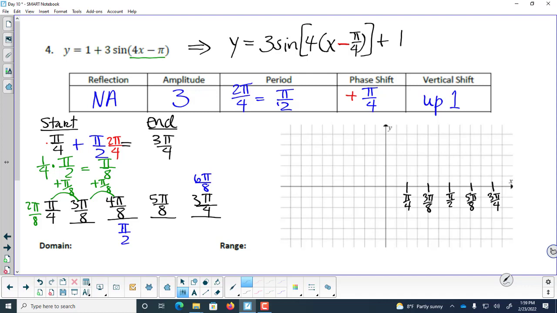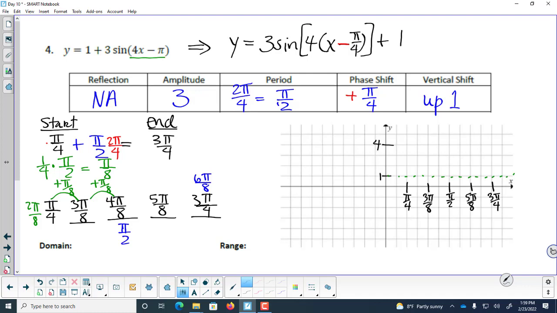All right, let's label the y-axis. Up 1, that's my new midline. So, let's see. What's our amplitude? 3? Oh, I can't do 2 then. Dang it. Okay. So this is the new midline. This is the new x-axis. So the highest point is going to be how many up from there? 3, the amplitude. 1, 2, 3.